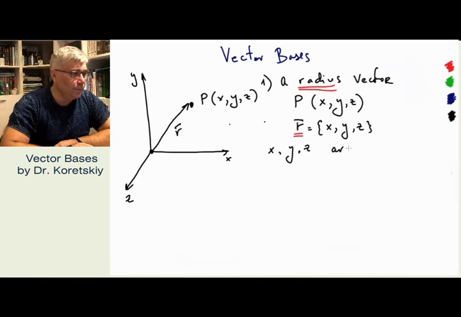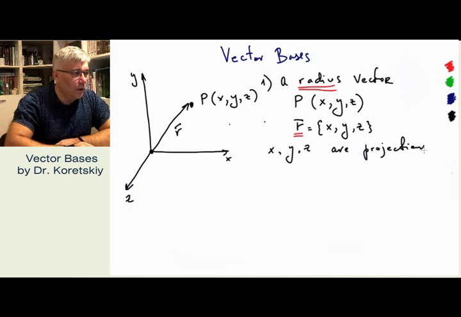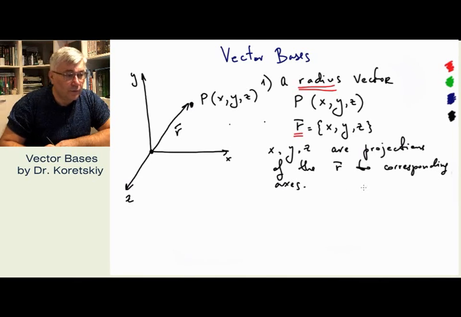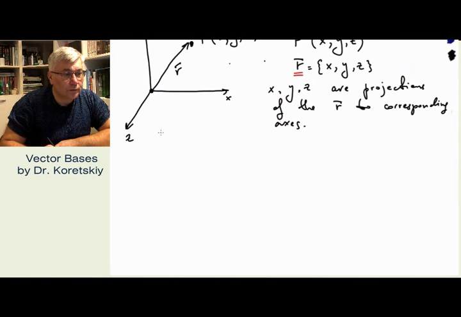Next, you can notice that x, y, z here, we can say that they are projections of the r vector, of the radius vector, to the corresponding axis.